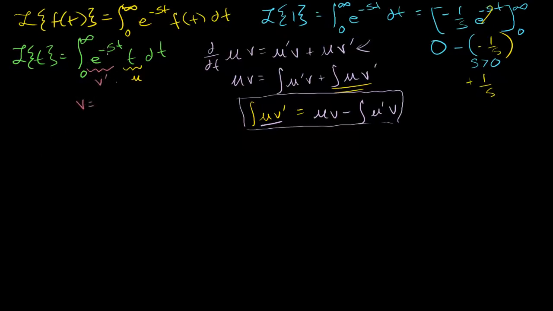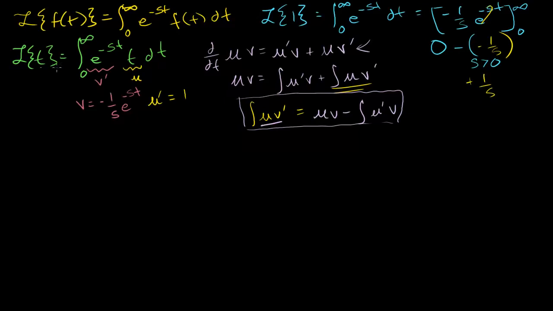Well, v is just the antiderivative of that. In fact, we've done it before. It's minus 1 over s e to the minus st. That's v. And then u prime, because we're going to have to figure that out later anyway, is just the derivative of t, which is equal to 1.